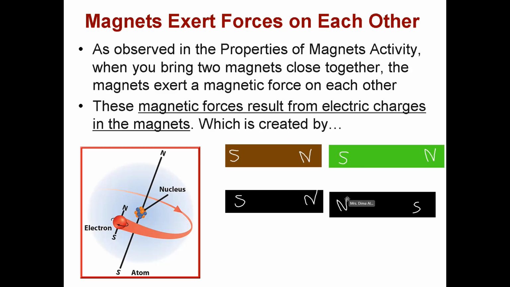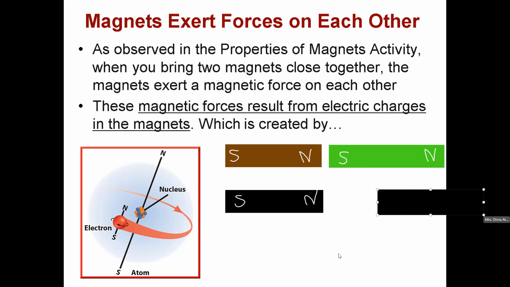Since we have north and north, the magnets will repel. So they come like this. If we have them at the connected points as north and south, they are attracted. And if they are the same, like north and north, they will be repelled.